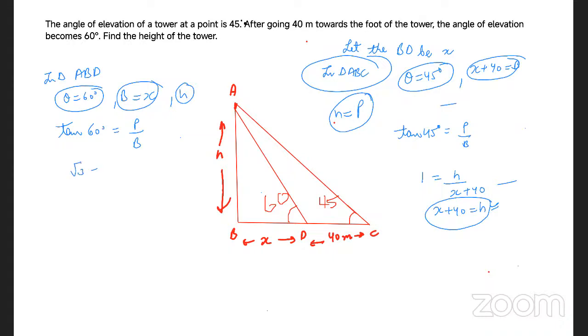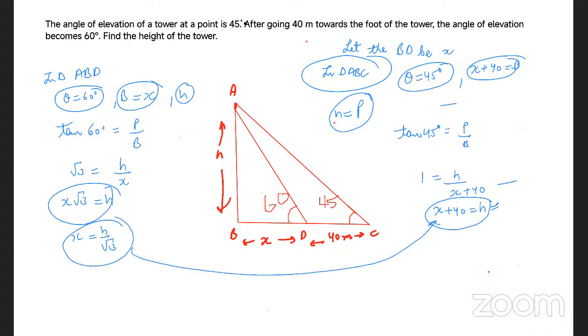Tan 60 degree value is root 3 equals perpendicular, the height, upon base, x. So it will become x root 3 equals h. Okay. Now what will I do? I get x equals h by root 3. So I will put the value of x here. So it will become h by root 3 plus 40 equals h.